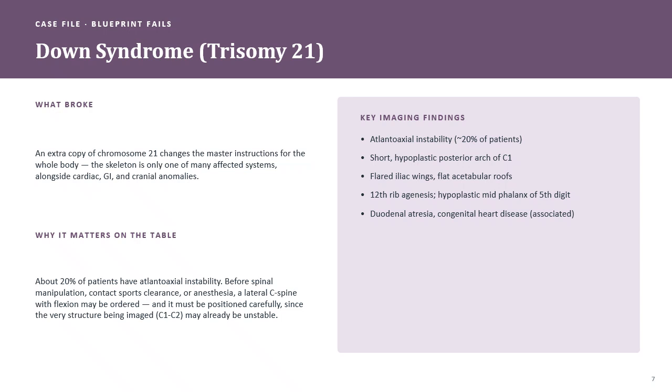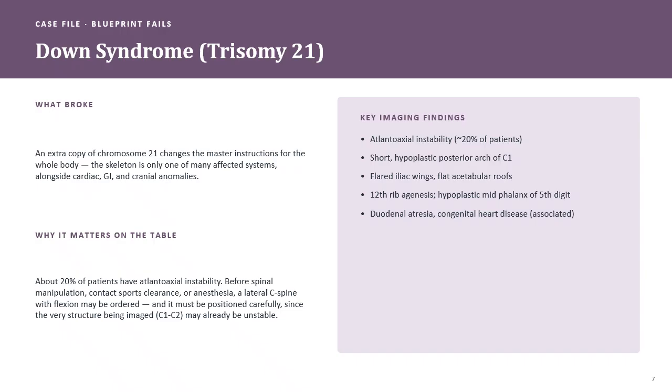The findings especially important to you as a technologist are that the patient might have possible atlantoaxial instability. We're talking about head instability. That means they may have excessive movement between the first and second cervical vertebrae.